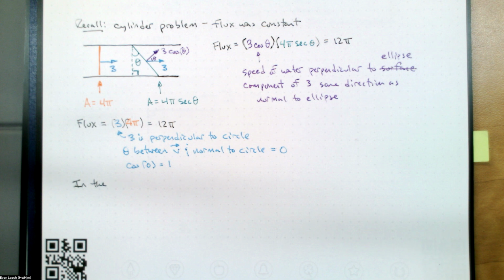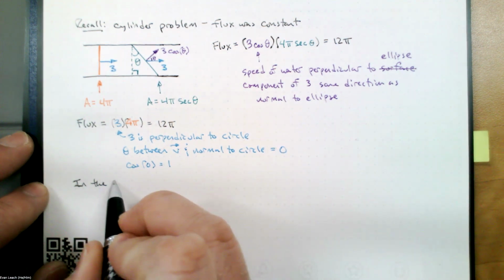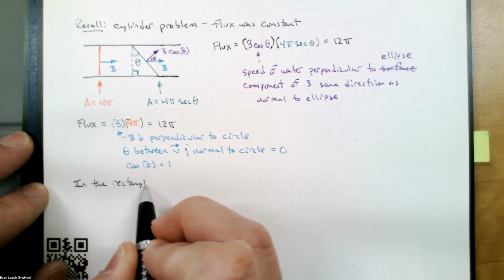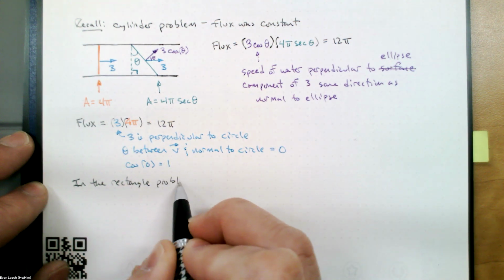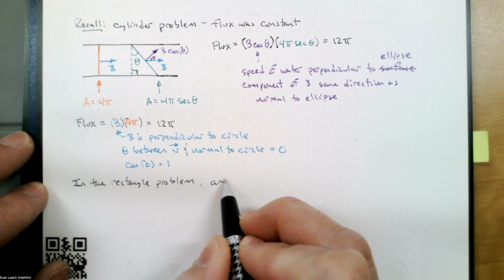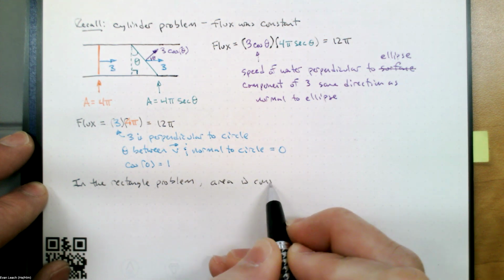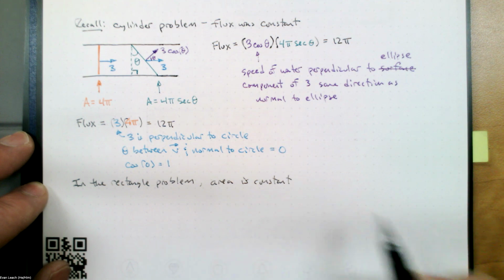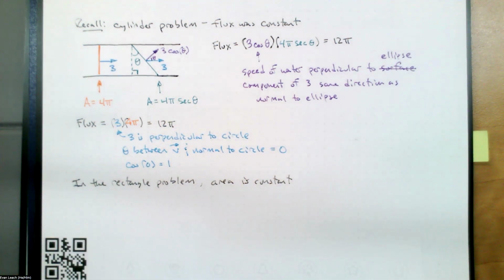In the rectangular plate problem, area is constant. We will still lose some velocity from the angle, as we have to find the component perpendicular to the rectangle, and so flux will decrease.